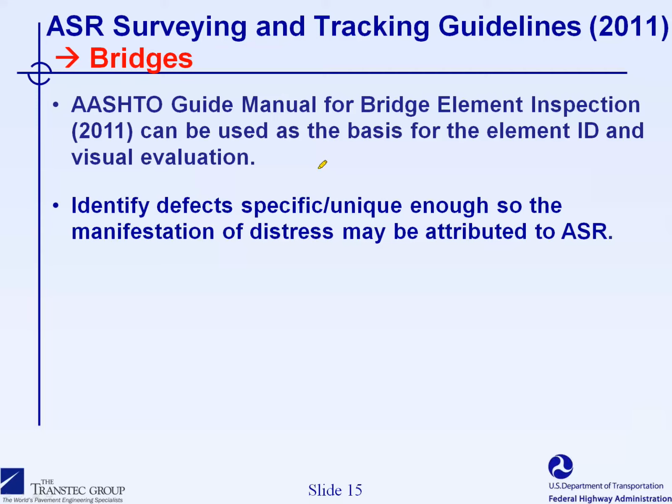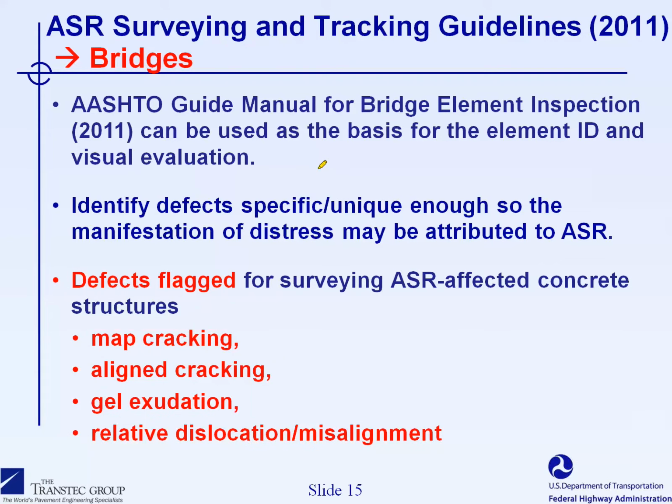But what we are providing in addition to this AAR guide manual, with the tool that we're proposing, is really to identify defects that are specific or unique enough so there would be a possibility for the inspector to have a feeling of whether or not ASR is present in the element that is inspected.